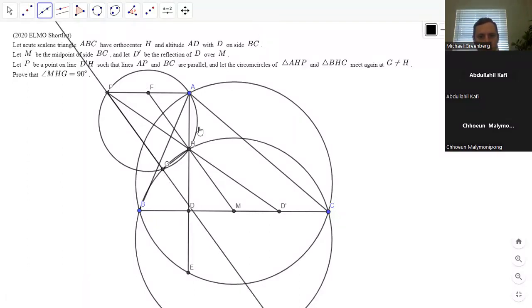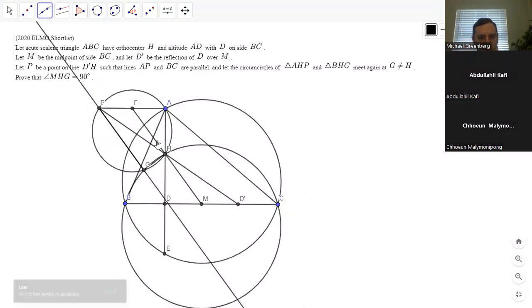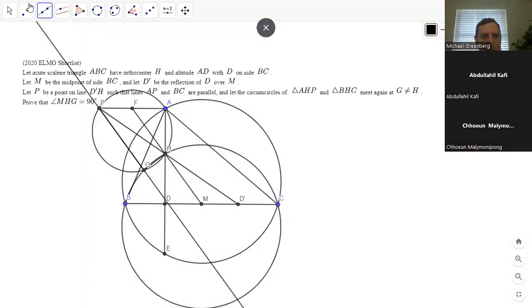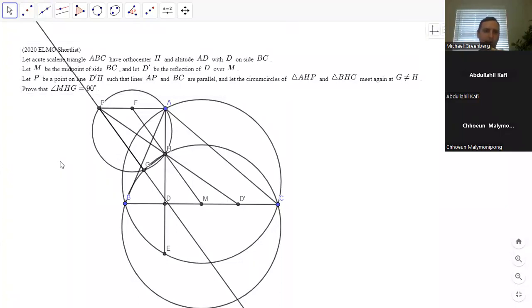So basically, I think this will pass through the center of the circle. So yeah, I don't know if it's worth drawing the antipode of H, and then we try to show that those are collinear.